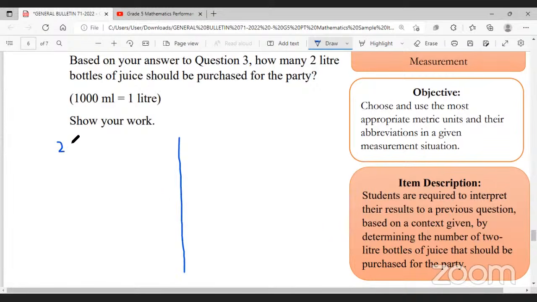So we know that the total amount of juice is 21,000 milliliters. So we'll put our 21,000 here, making sure that we affix our unit of measurement. I'm going to also put 21,000 milliliters over here.